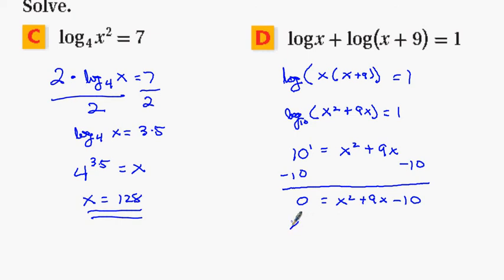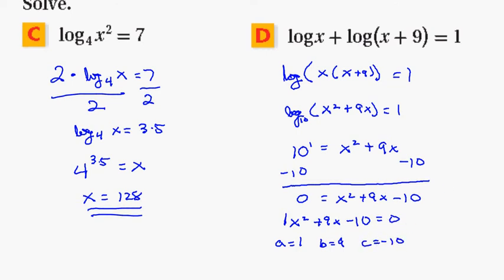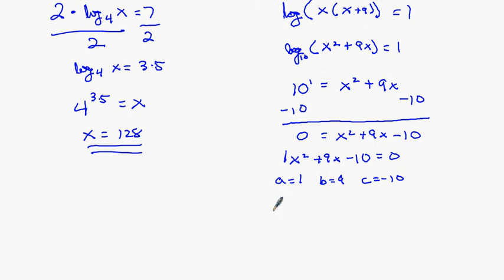So here we go. X squared plus 9x minus 10 equals 0. And at this point I'd probably use the quadratic formula. So I'm going to let a equals 1, b equals 9, c equals negative 10. And let's see here. So x equals negative b plus or minus the square root of b squared minus 4 times a times c all over 2a.